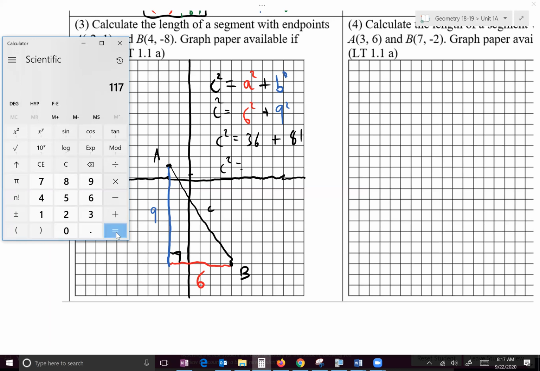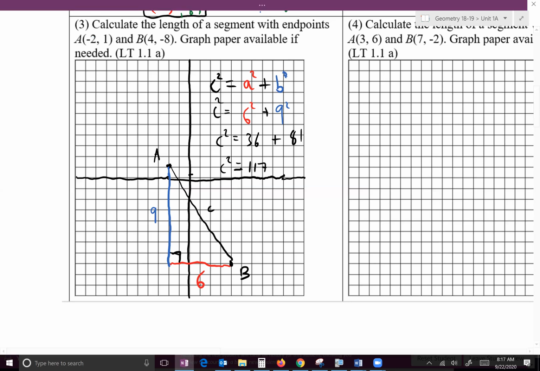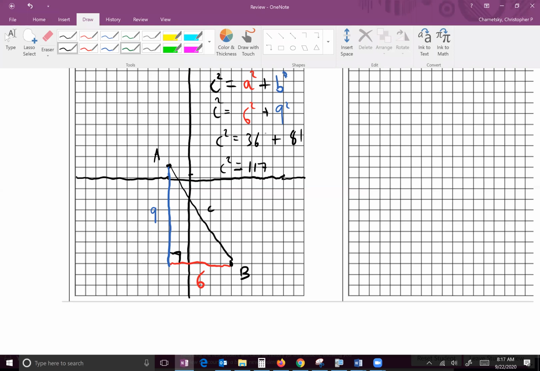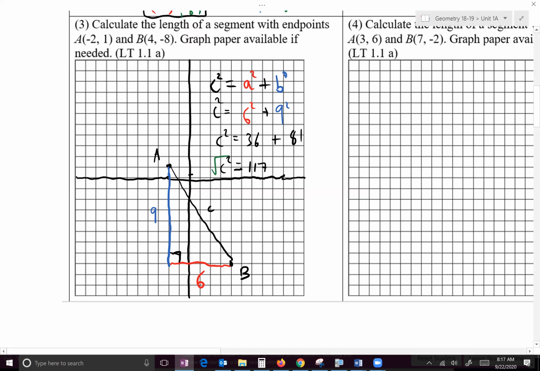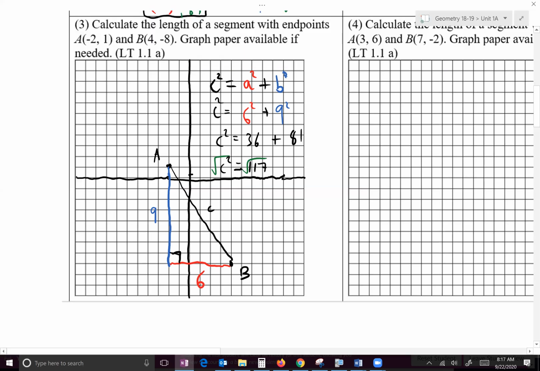Okay. And the last thing we need to do is square root. So we get square root of 117. And here's where we need a calculator.